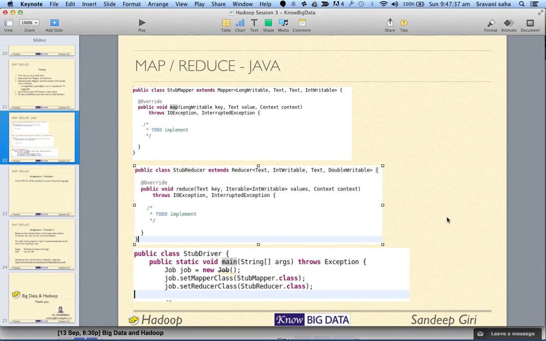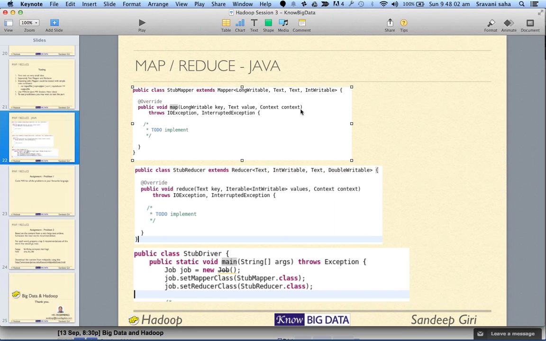So the demo of this Java code we will take care of in the next one. Here all I wanted to demonstrate is that it's not too difficult to write in Java. All you have to do is have this kind of declaration. In this whole code, the only thing you need to change is either the mapper name, whatever name you want to give, or the data types you are going to give out.